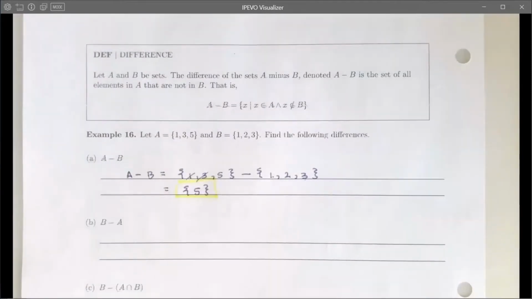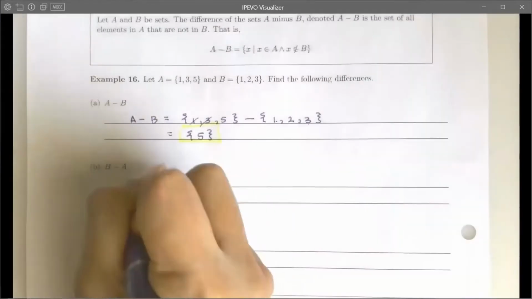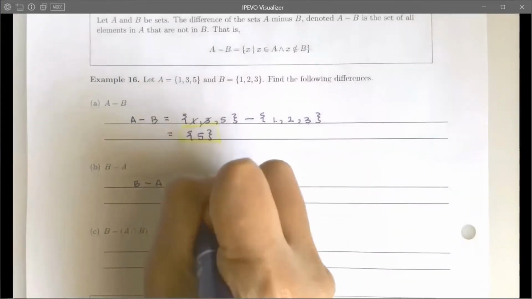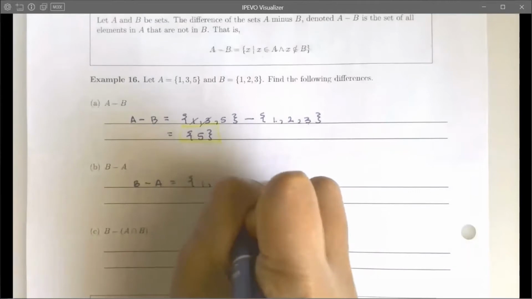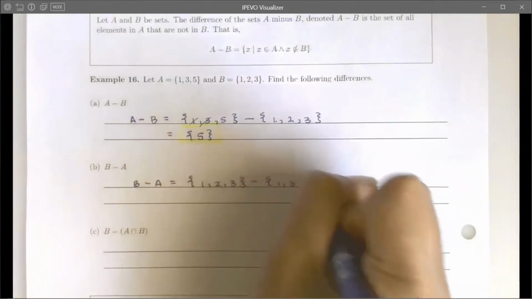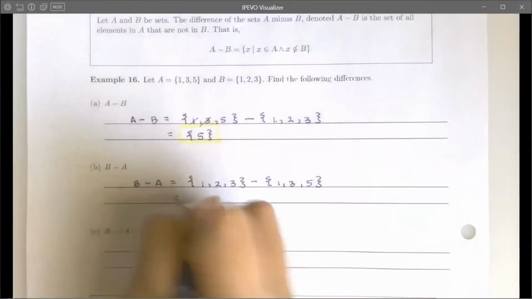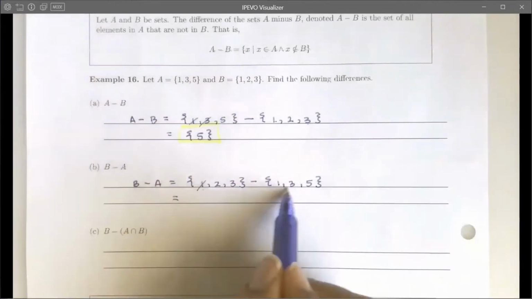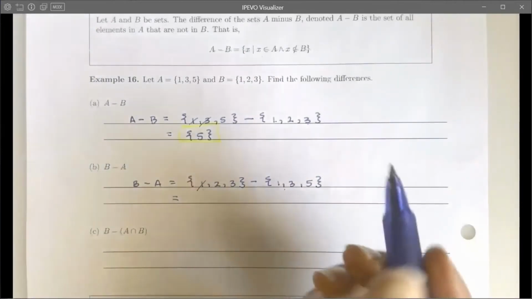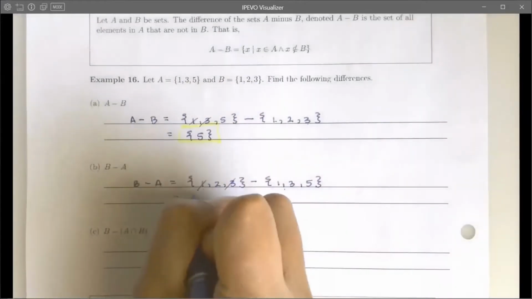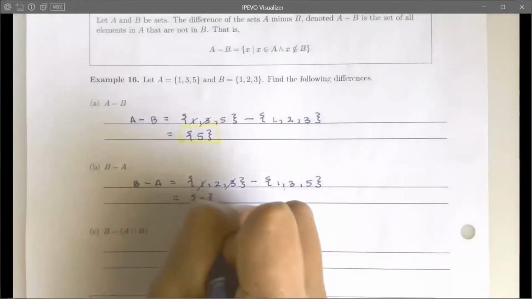And now what happens if we take the difference B minus A? So if we change up the order. B minus A means that from the set B, we're going to be removing any elements that are part of set A. Okay, and so what that means is that we'll be removing 1 because 1 is present in A. We'll be removing 3 because 3 is present in A. And the only element that will survive is the 2.